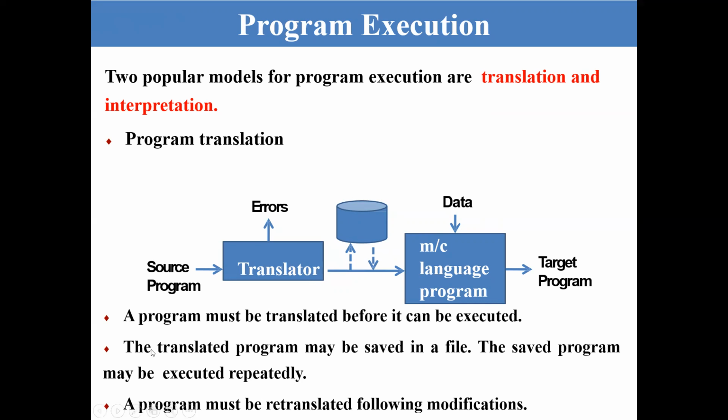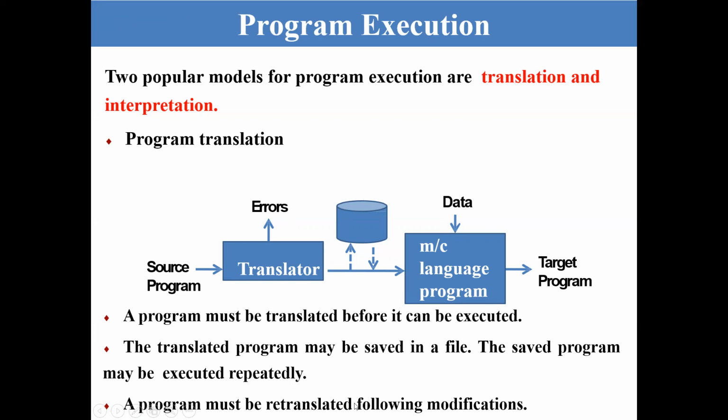Right? So just remember some points. A program must be translated before it can be executed. So before execution, you have to translate your program. Second, the translated program may be saved in a file and the saved program may be executed repeatedly. Third, the program must be retranslated following a modification.